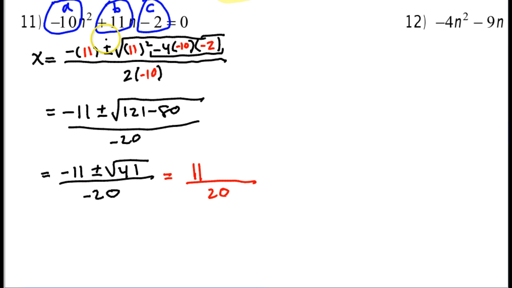Now, what happens if I do this right here, just the plus or minus? What is a positive divided by the negative? What does that equal? Negative. And on the bottom, what is a negative divided by the negative? Positive. So technically it changes it to 11 minus or plus root 41.